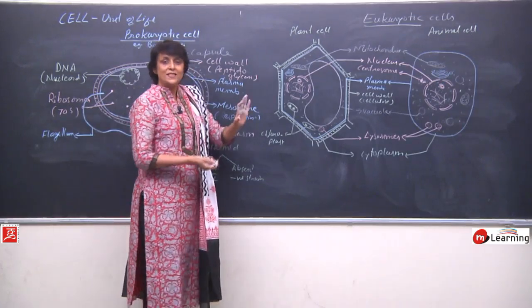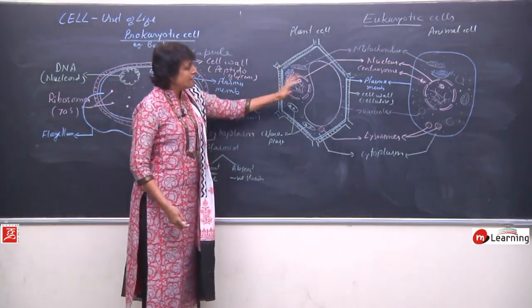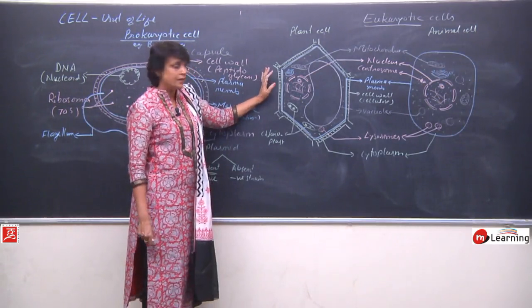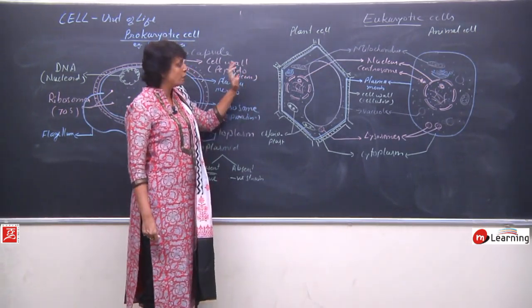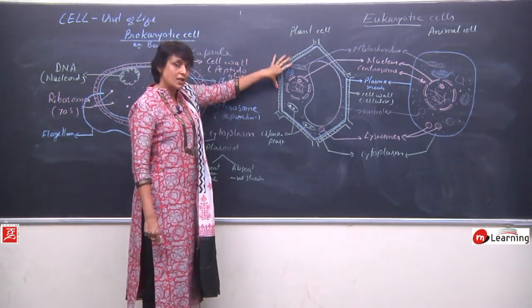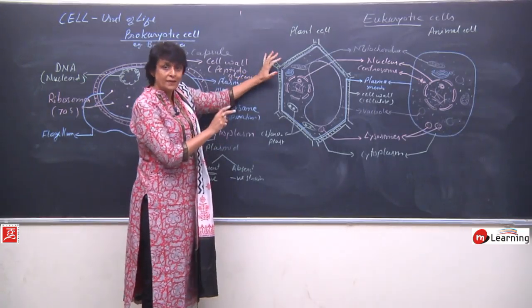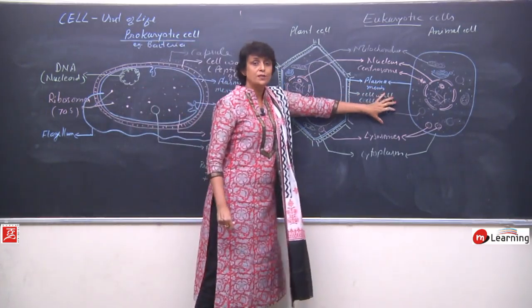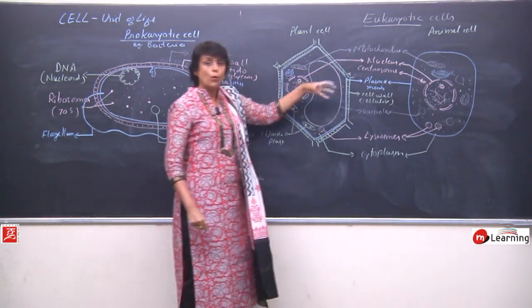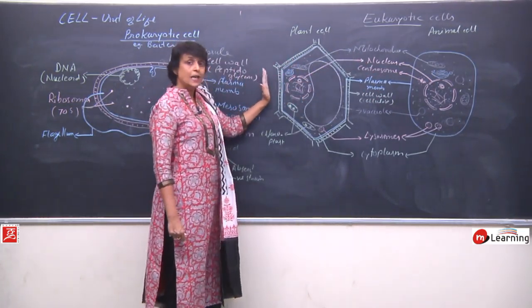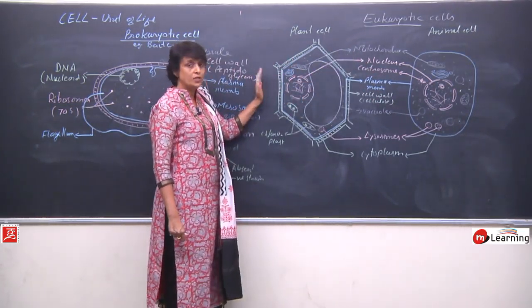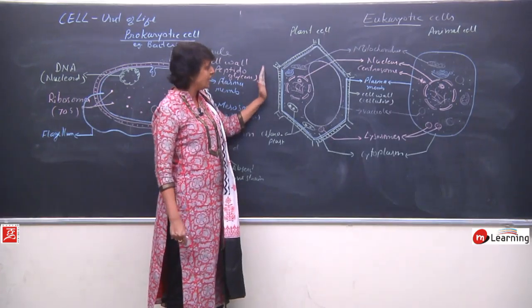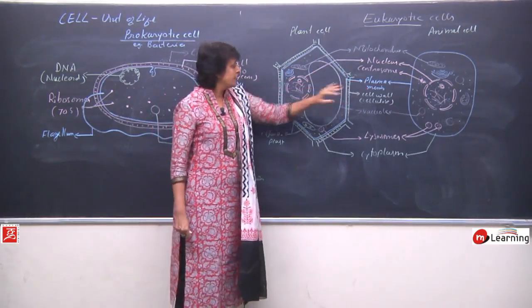Now this is the basic structure, and as we have drawn both these structures together, it is easier to see the differences between the two. In plant cells, the shape is normally geometric, whereas in animal cells it is slightly ovoid or circular. The cell wall, made up of cellulose, gives firmness to the plant cell. No such cell wall is present in animal cells.